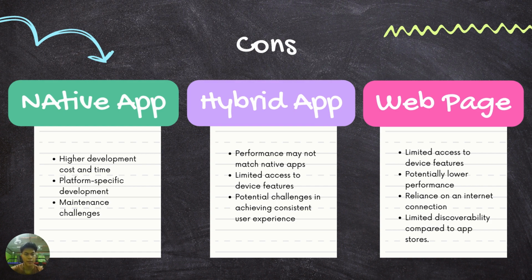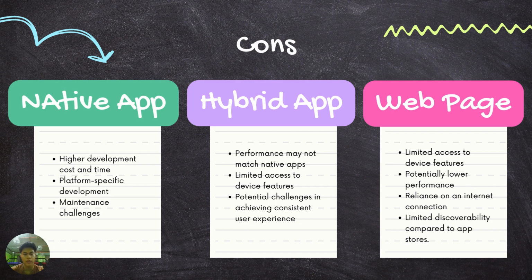For a hybrid app, the performance may not match a native app because the language that is used is more like a web page. It is also limited access to device features, meaning that some of the device features will not be accessible through the hybrid app.